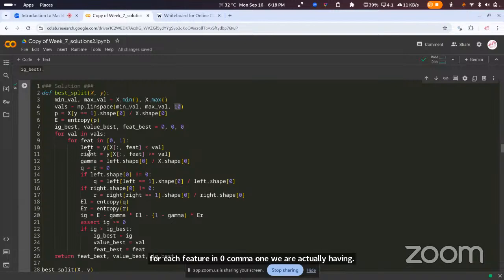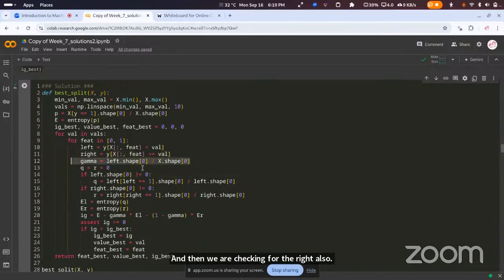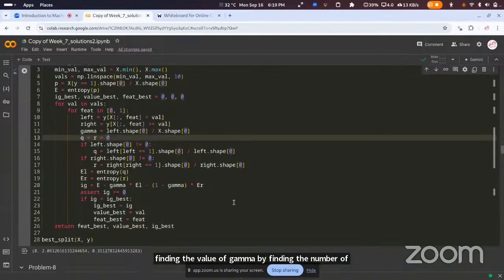We check whether the value is less than val, up to the points so far: in the first iteration it would check only the first point, in the second iteration the first 2 points, and this will continue. And then we check for the right also. Here we find the value of gamma by dividing the number of points in the left child by the total number of points in x.